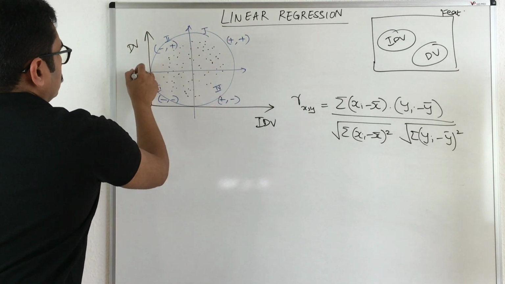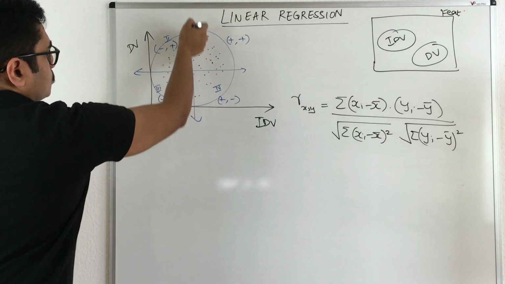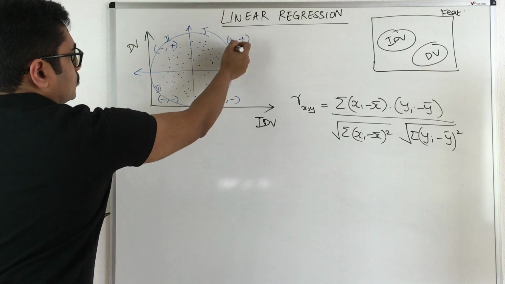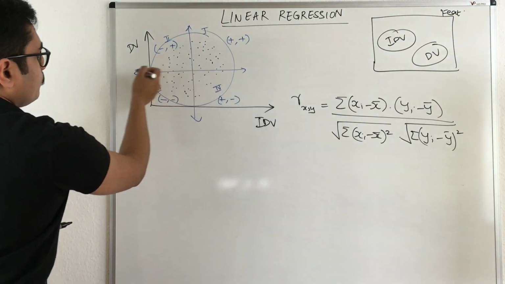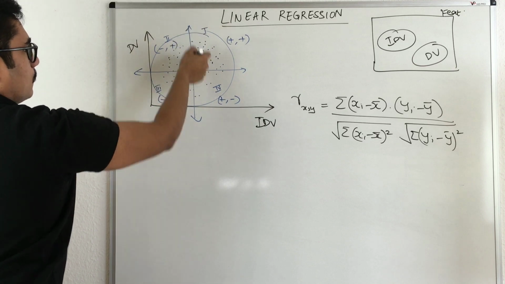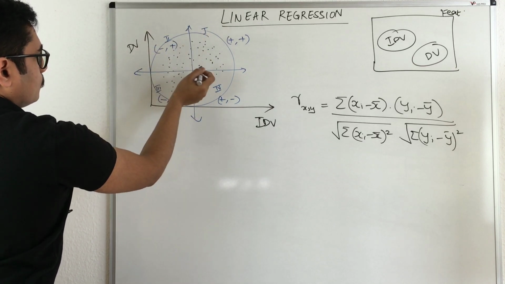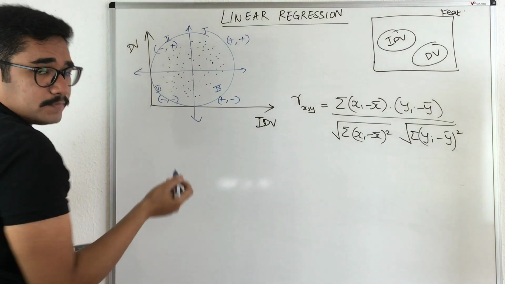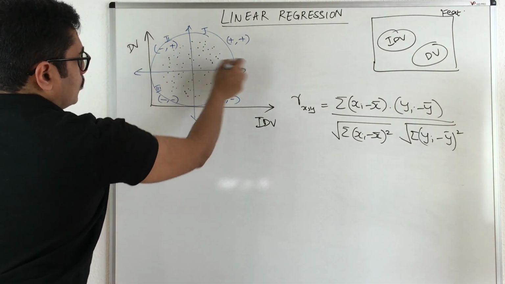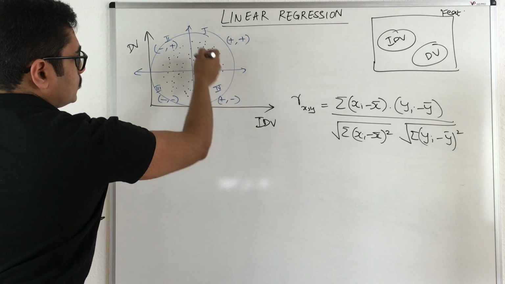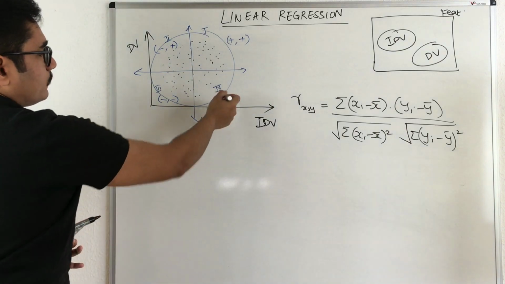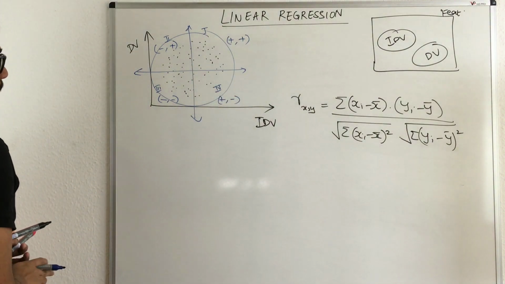You have the positive y-axis and positive x-axis, that's why positive, positive. You have the negative x-axis and positive y-axis, that's why negative and positive. You have both negative x and negative y, that's why both are negative. One is the positive x-axis and you have the negative y-axis, that's why it's positive and negative.